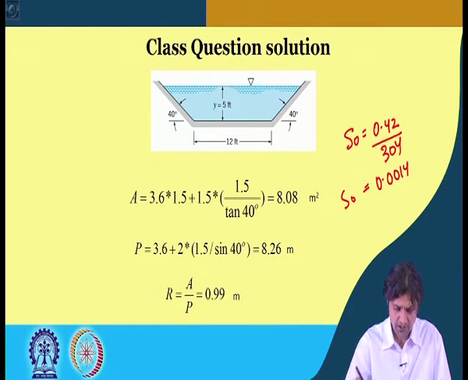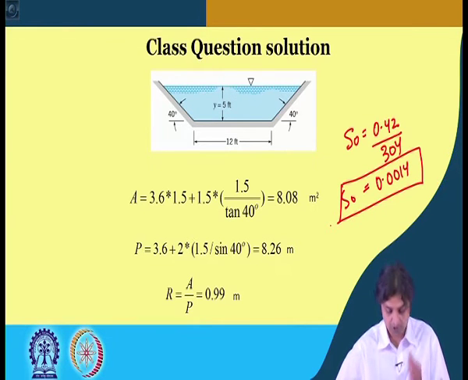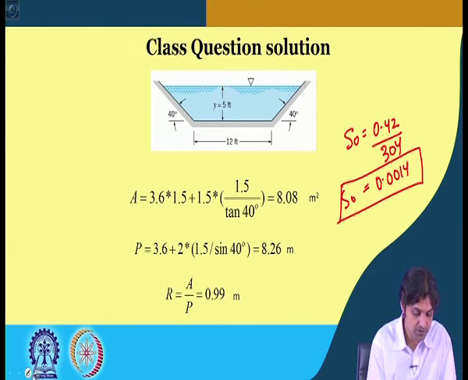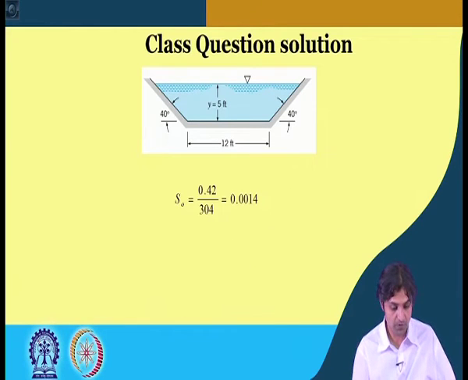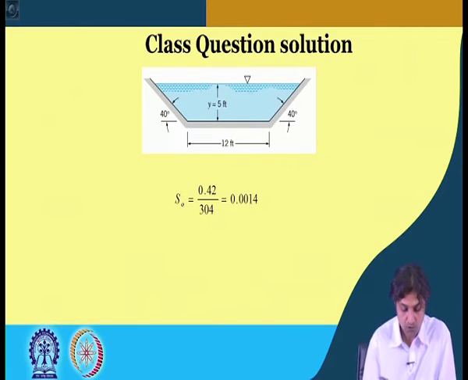We have already told you many times that S naught is very small. So, here in the practical problem also we find S naught is very small, of the order of 0.0014 to be specific. So, S naught is 0.42 divided by 304. Now, how to find the Q?